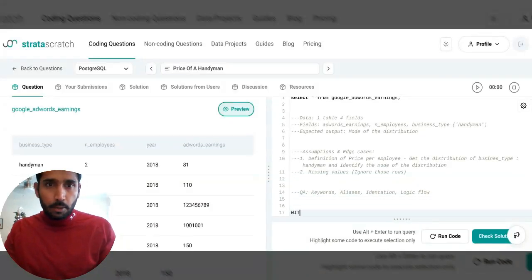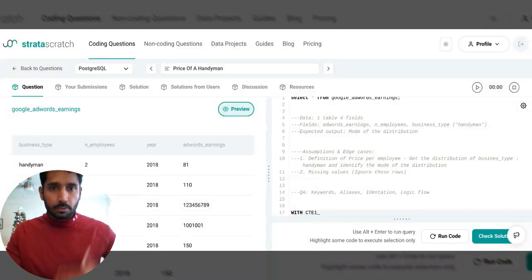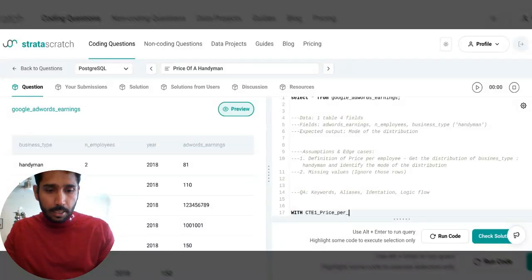I'm going to start building a CTE in this case because I clearly see I'm going to compute some metrics and use them in the subsequent steps. So CTE1 is where I want to apply all the filters and identify this price per employee metric.